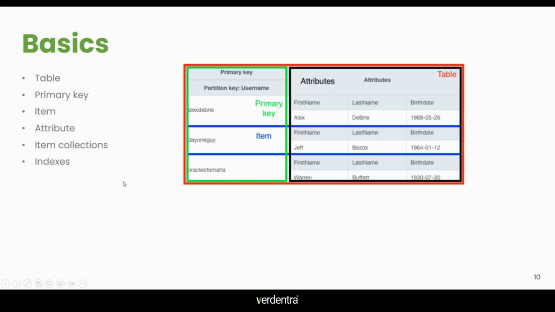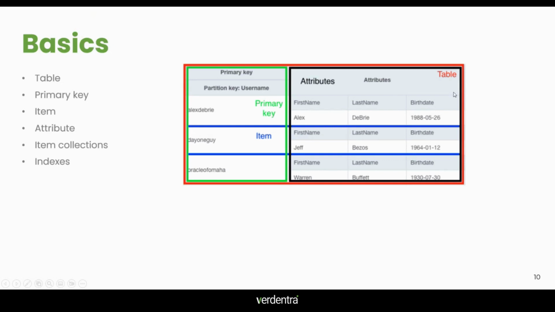Okay, so after that, let's look at some basic terminology and things that we have to know about this. So we've got the concept of tables, and we've got primary key, item, attribute, item collection, and indexes. These are the basic stuff you have to know about DynamoDB.